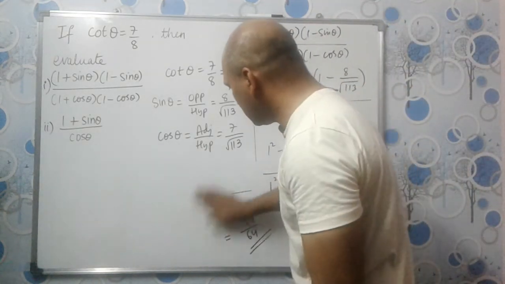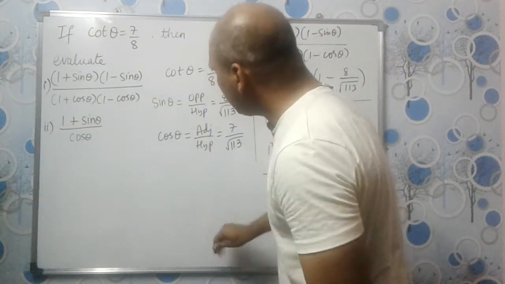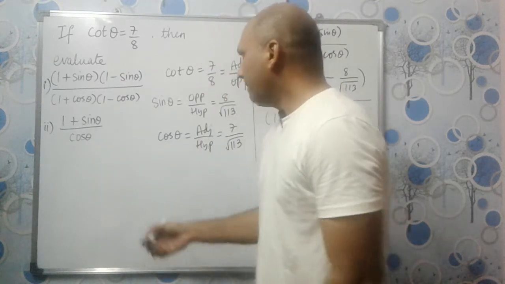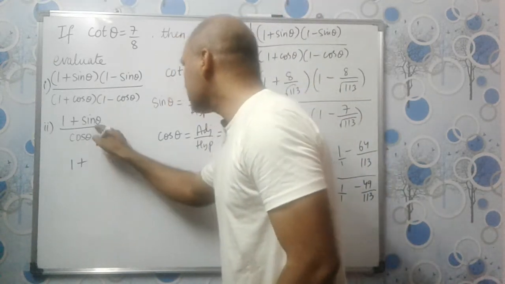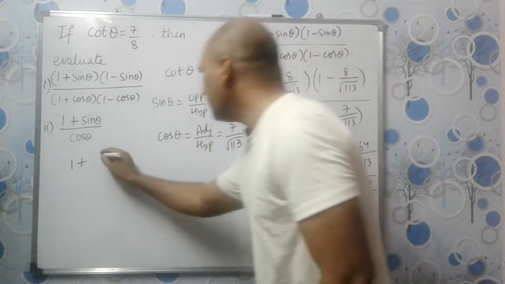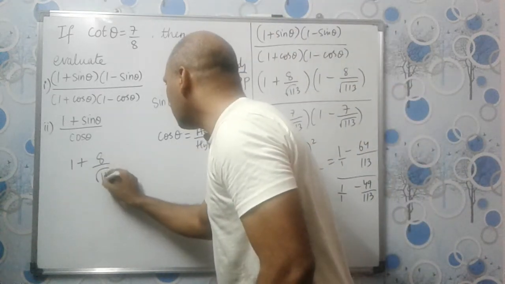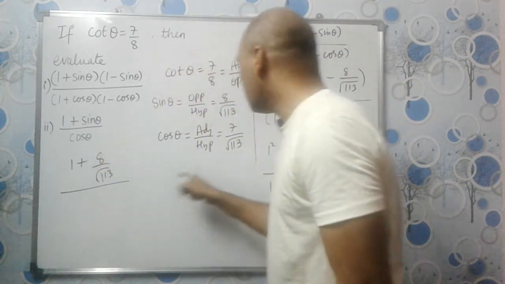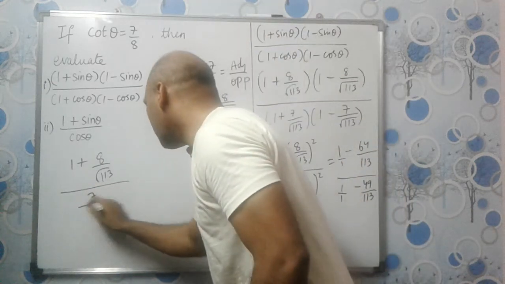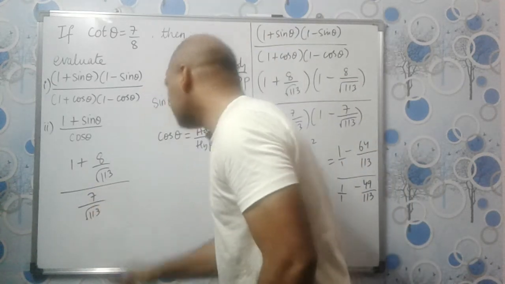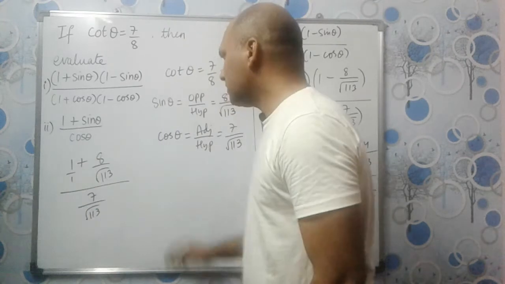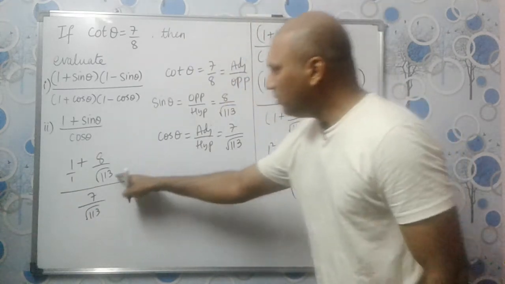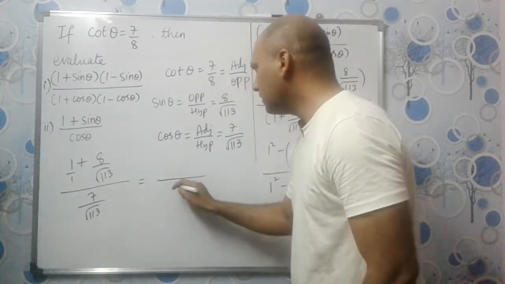Let me rub this because I don't have enough place to solve this problem. So this is 1 plus sine, which is 8 by root 113, divided by cos, 7 by root 113. Let us write 1. Denominators are different, so multiply the denominators.